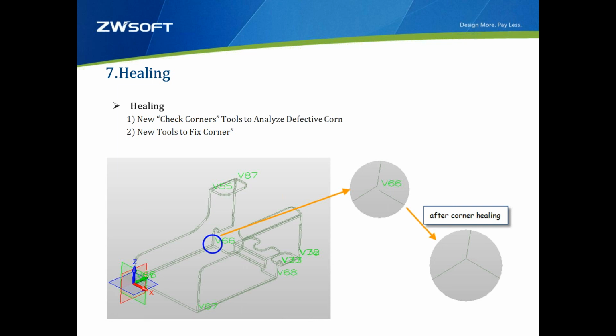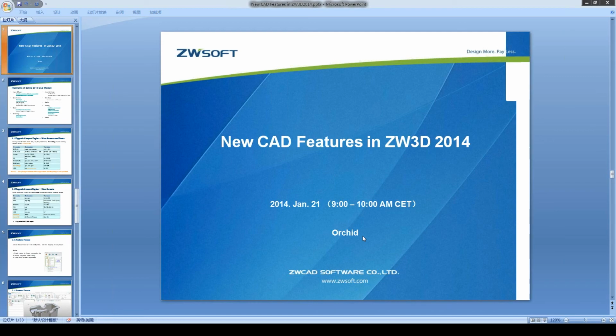From this picture, you will see some of the corner points, but some of the edges are not at the same point. Using check corner, we can check whether the corner is at one point.